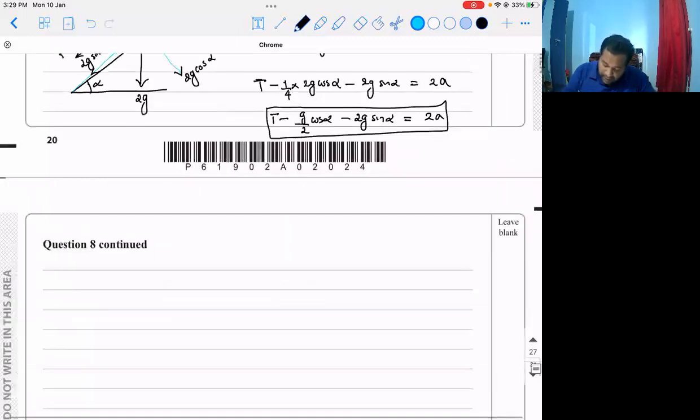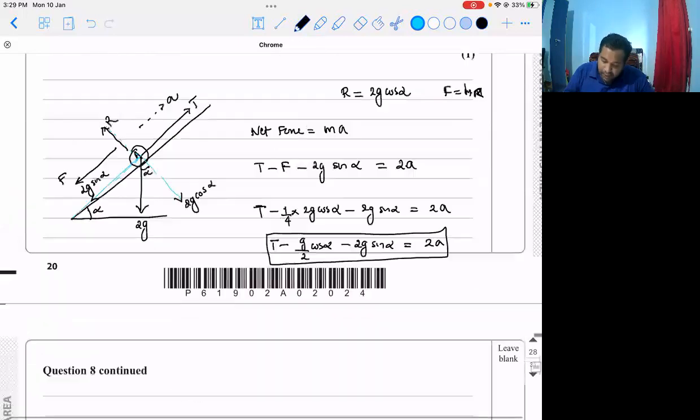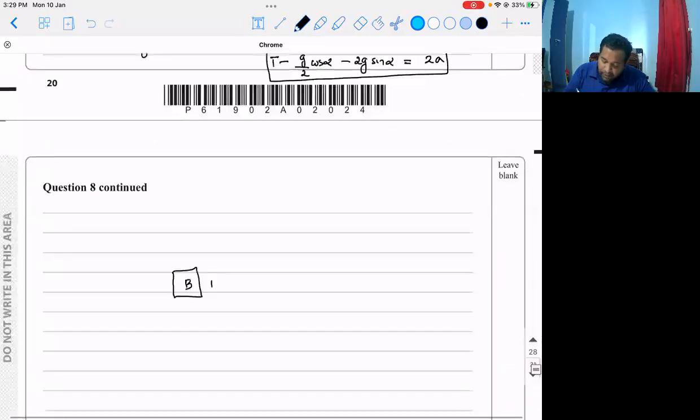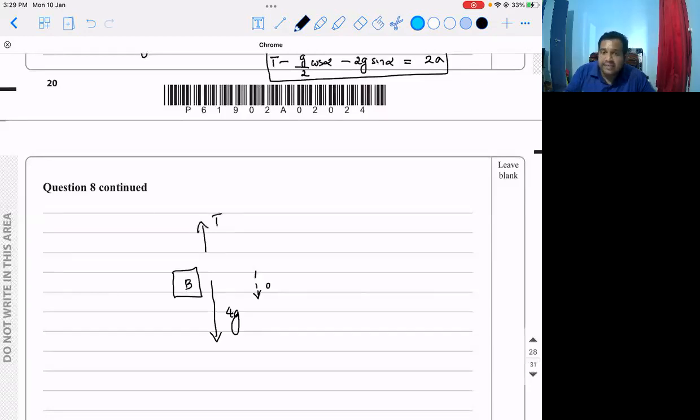Then we have particle B, whose mass is 4 kilogram, acting downwards. So 4g weight is acting downwards, the tension is acting upwards, and the acceleration is acting downwards. By Newton's second law, 4g minus T is equal to 4 times acceleration.